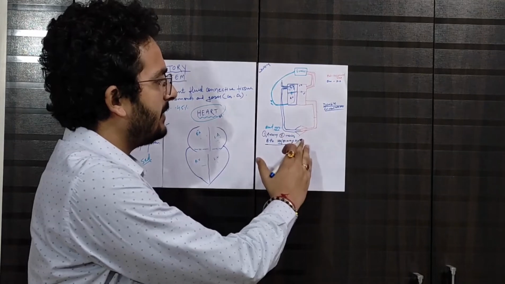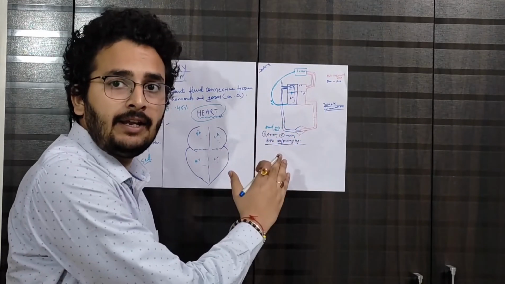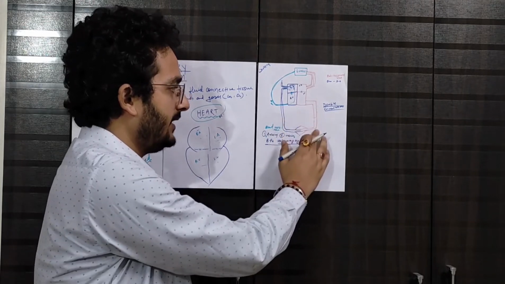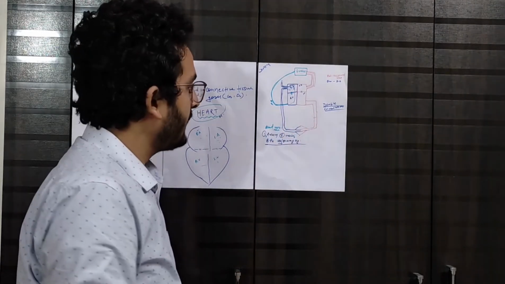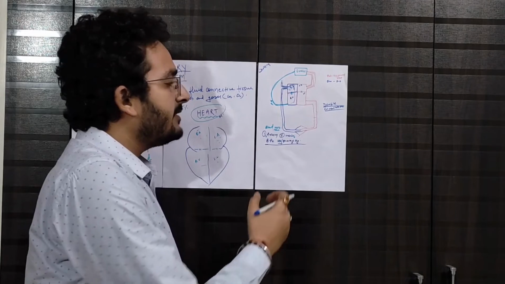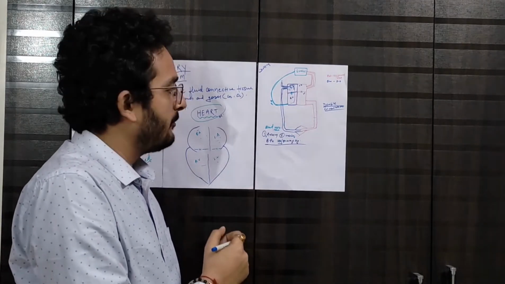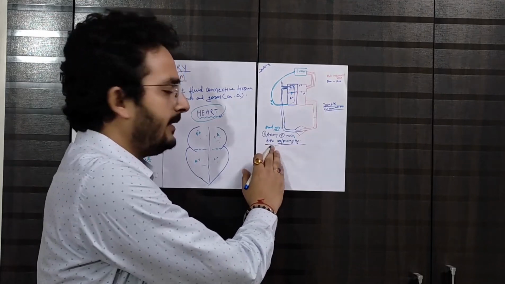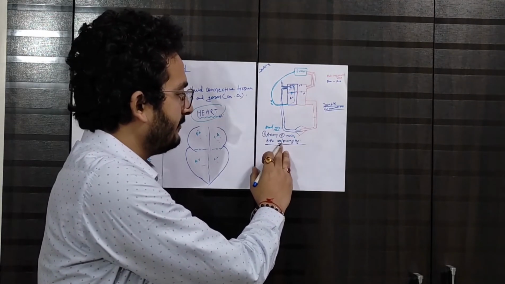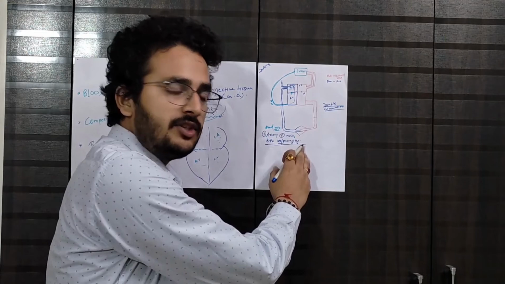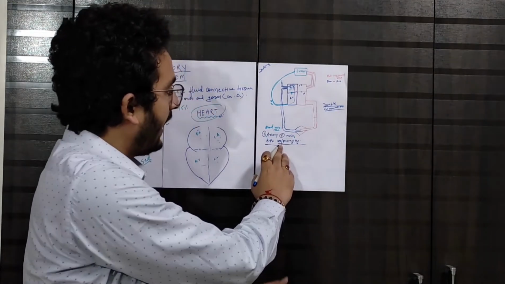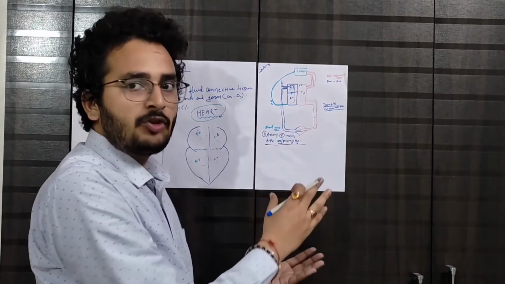Blood pressure is the measurement of the pressure of the artery, that is, what the pressure of the artery is while blood is flowing in it. It is measured by an instrument called a sphygmomanometer. In a normal adult, the blood pressure value is 120 by 80 mm of Hg. 120 is the systolic pressure and 80 is the diastolic pressure.